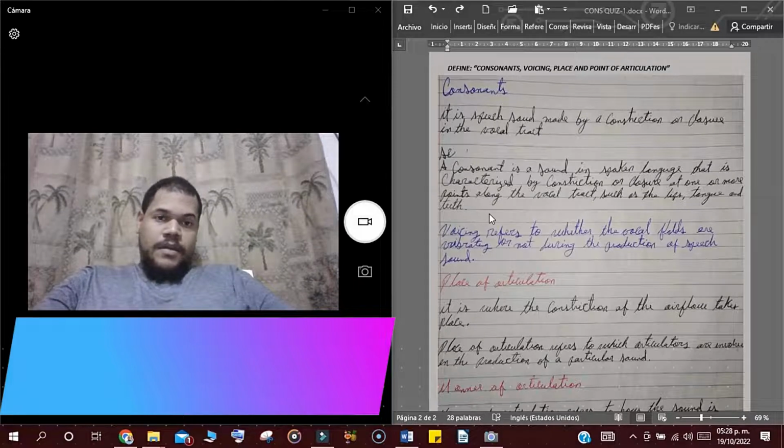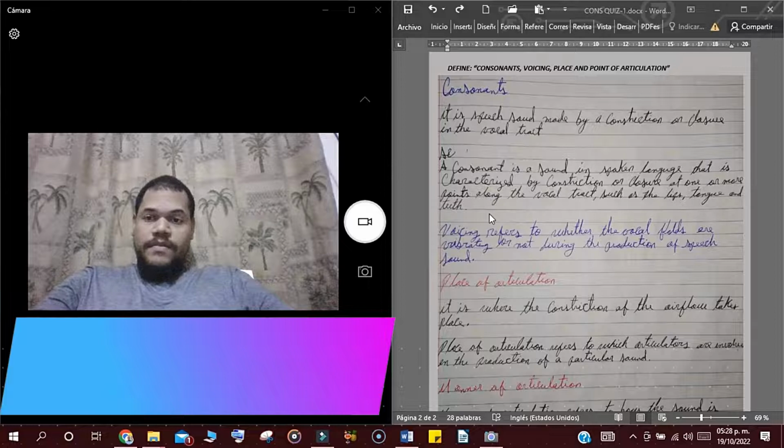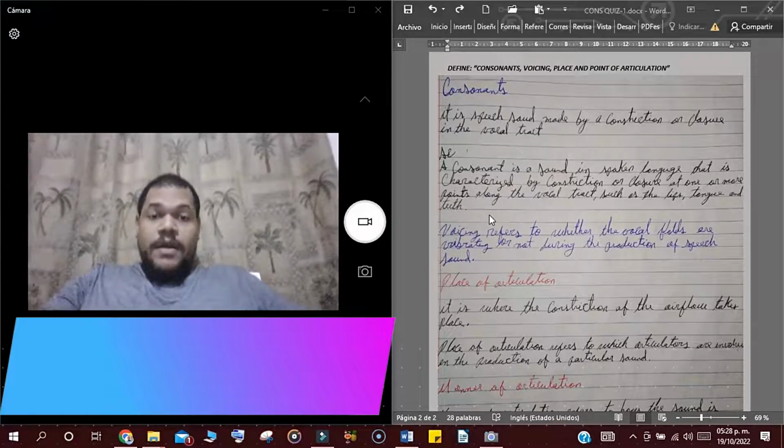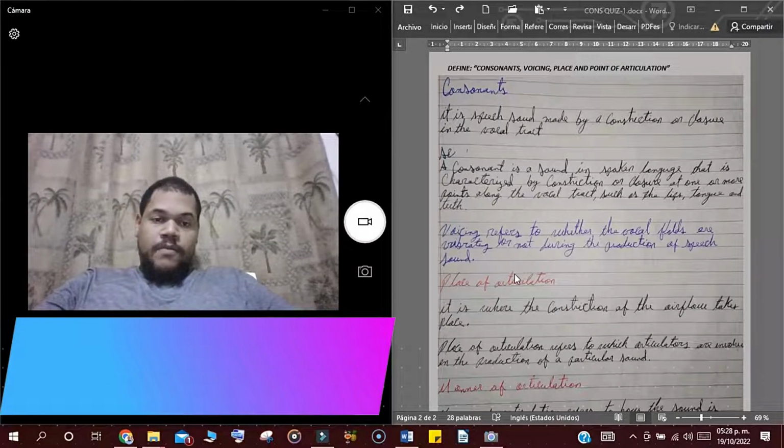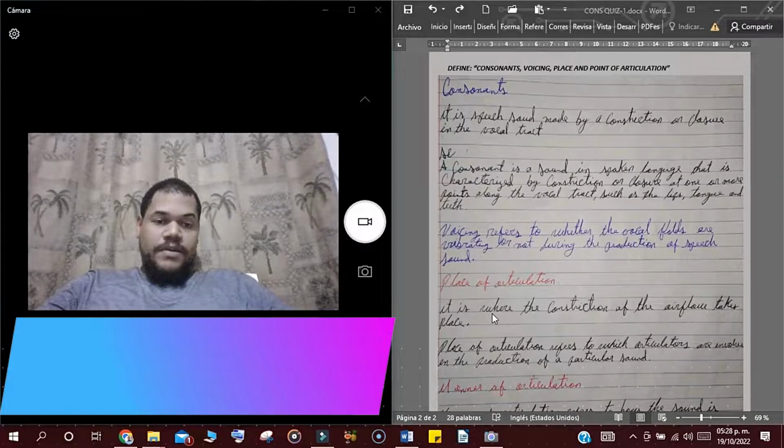The consonant can also be classified by voice, that is, whether the vocal cords vibrate or not, according to the place of articulation, and the manner of articulation. When we talk about place of articulation, it is where the constriction of the airflow takes place.